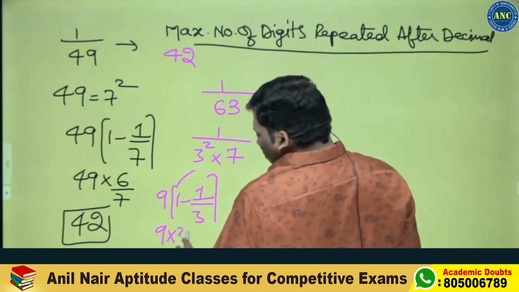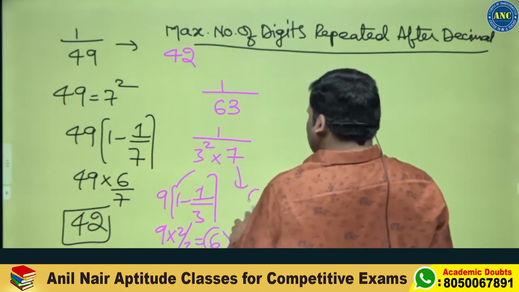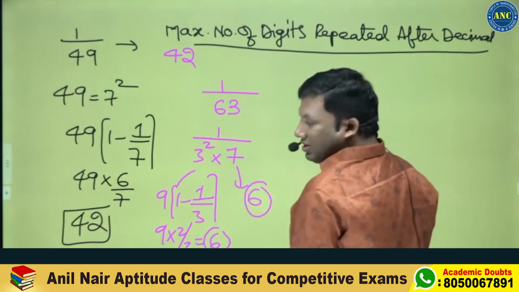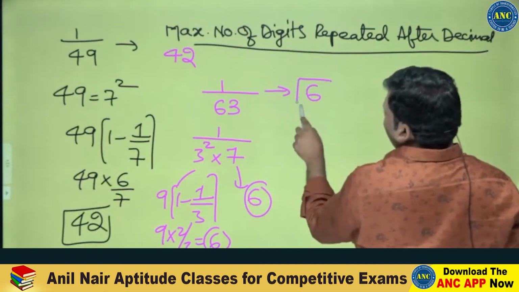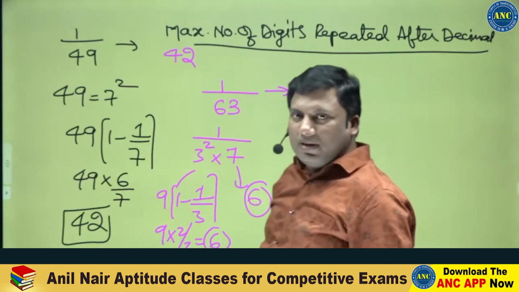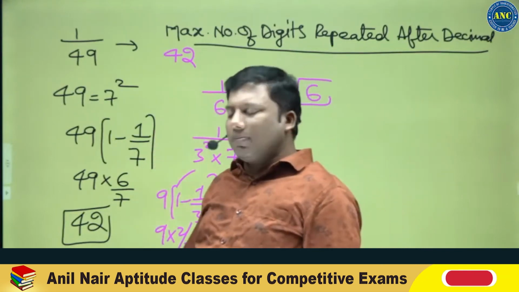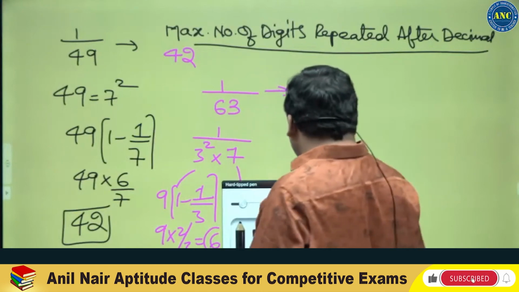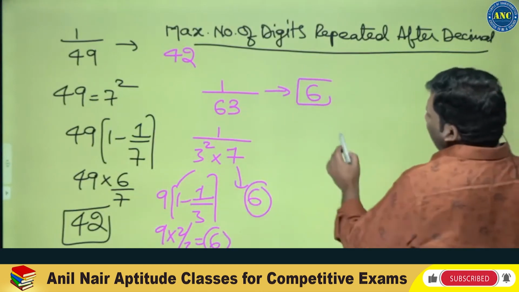So 9 into 2 by 3 is 6. Here 7 is a prime number, so 6. LCM of 6 and 6, the maximum number of digits repeated will be 6. The idea is clear. You take any number that comes to your mind, you will be able to solve this question very, very fast.